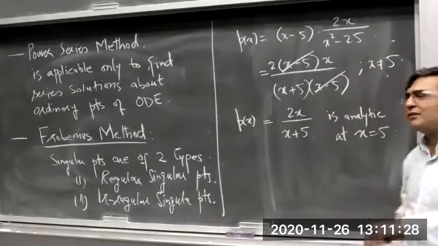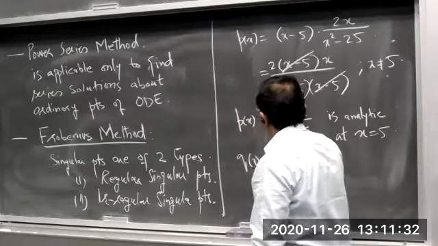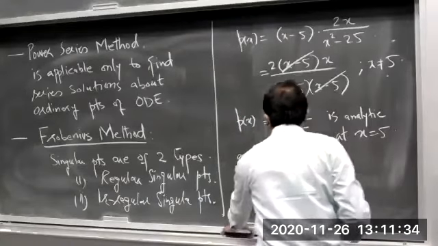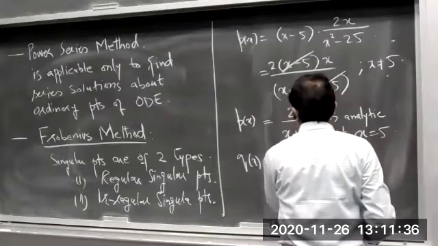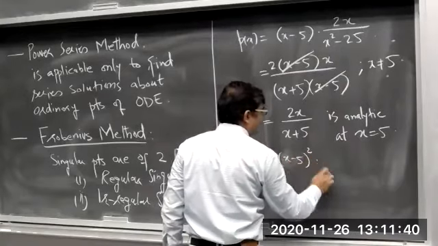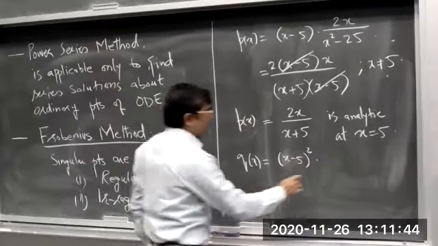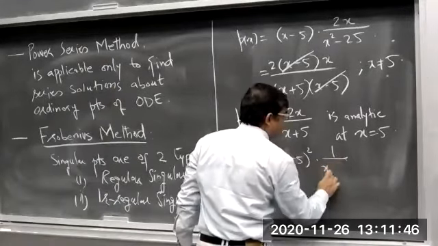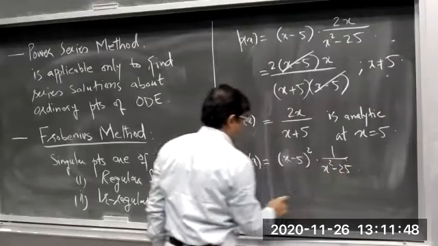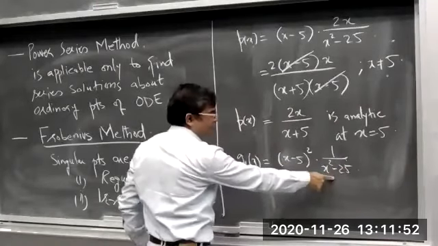Now we again check the second function q of x. Q of x is what? It is x minus 5 whole square. Okay. X minus 5 whole square into q of x. What is q of x? It is 1 over x square minus 25. It can be written as what? X minus 5 whole square divided by x minus 5 x plus 5.